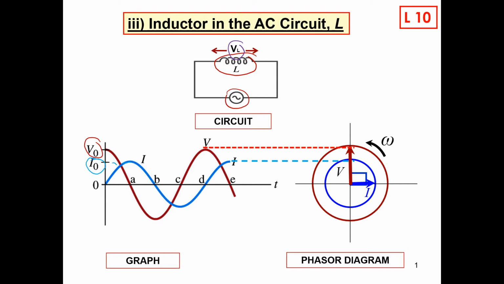As the graph for the current is a sine graph, the direction of the current will be towards the horizontal, or to the right. While for the voltage across the inductor VL, since the graph is a cosine graph, the phasor will point upward.